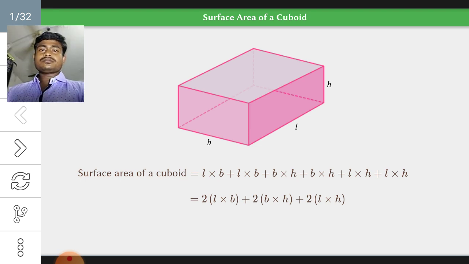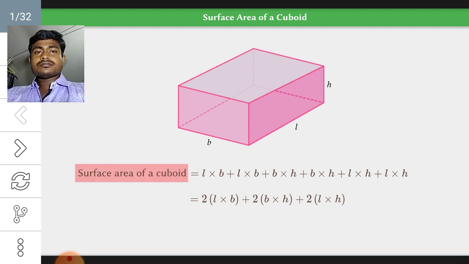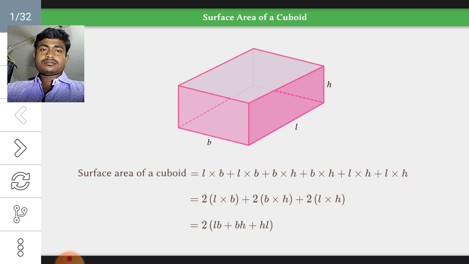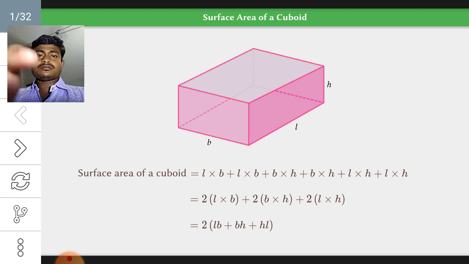Thus, the total surface area of a cuboid is equal to twice the sum of LB, BH, and HL.